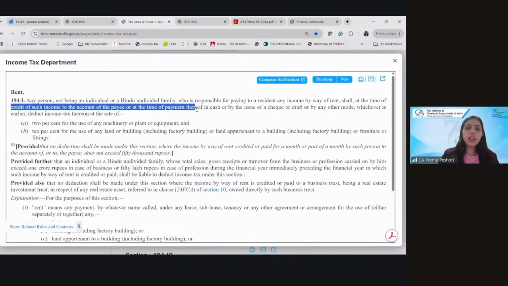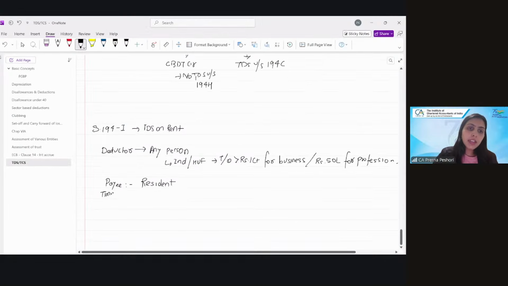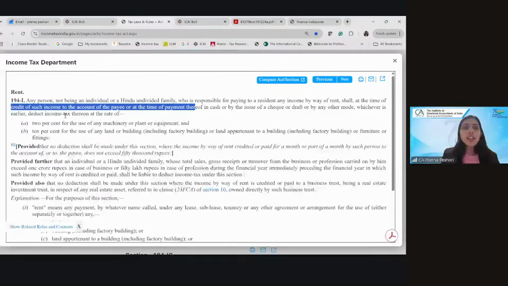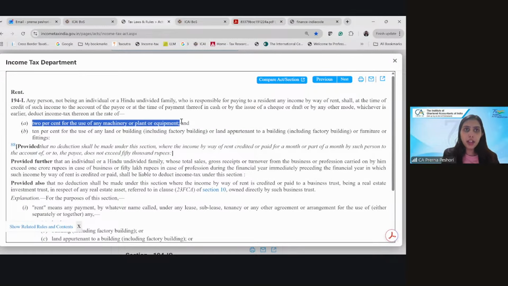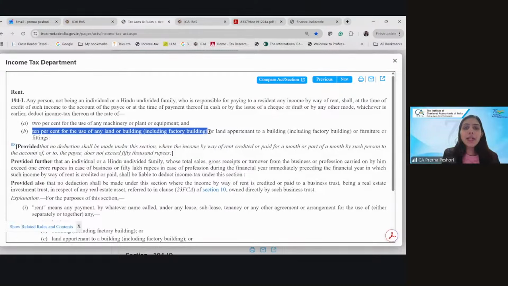So my timing is credit or payment, whichever is earlier. Shall deduct the income tax at the rate of 2% for the use of any plant, machinery or equipment, 10% for the use of any land or building, including factory building or land appurtenant to a building, including factory building, or furniture or fittings.